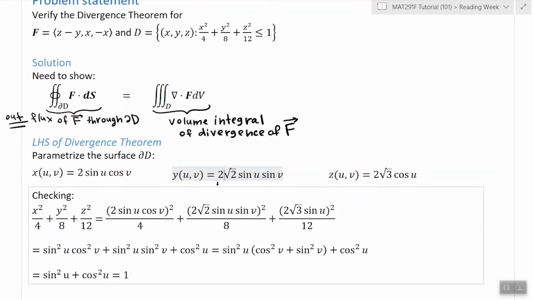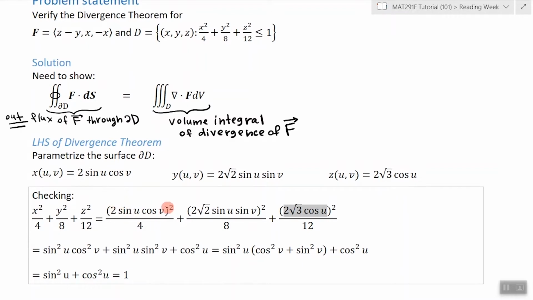You see this expression. And then for z, I have this expression over here. Oh no, I made a mistake. Okay. Here I have this expression. And then here's what we get.